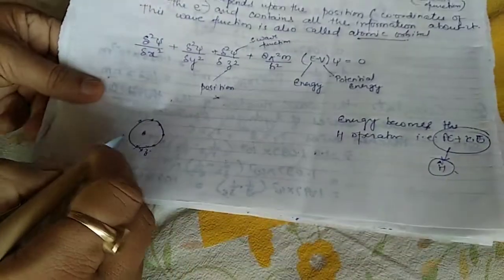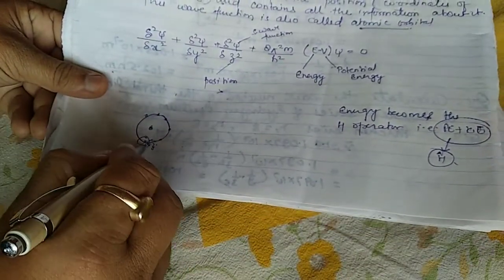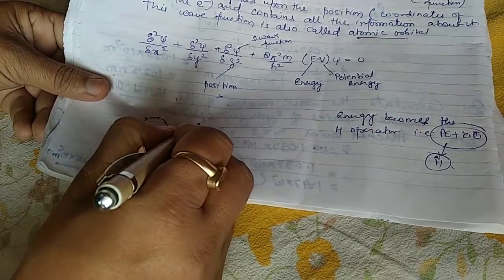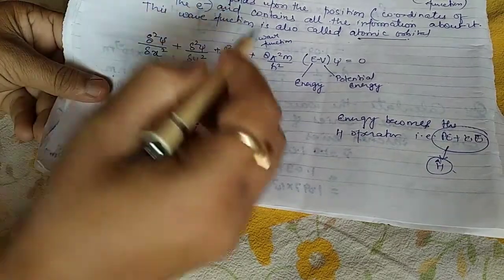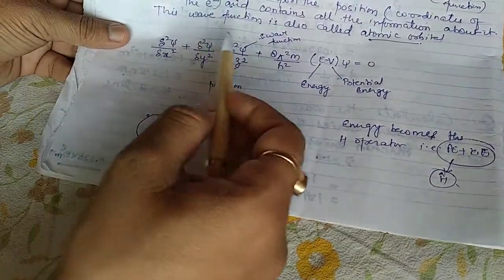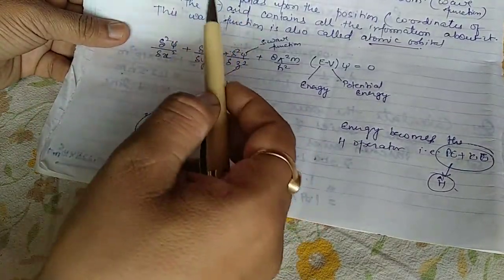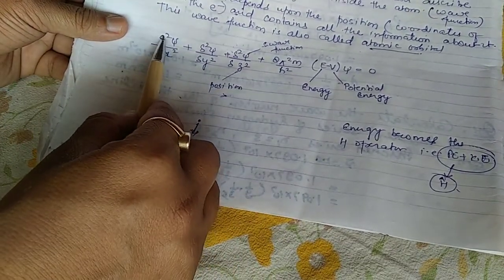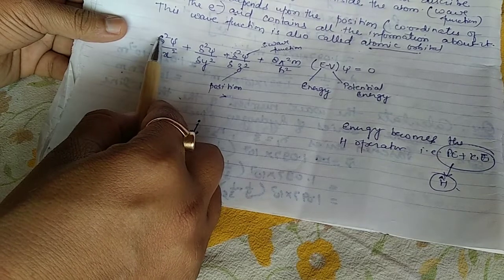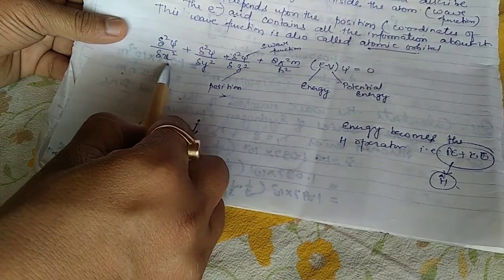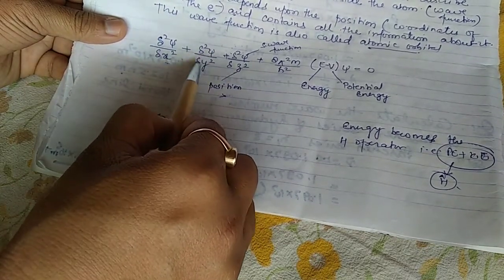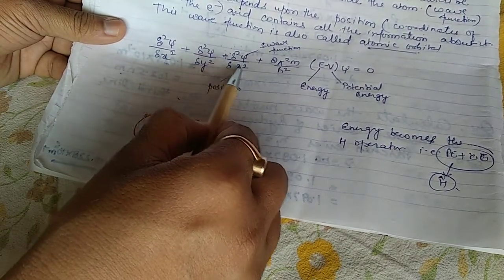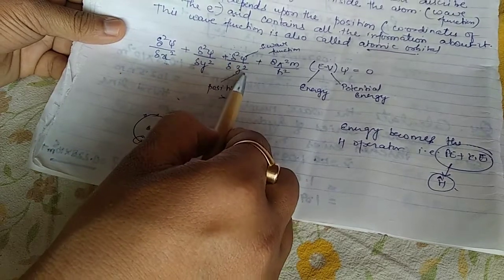This psi explains the coordinates x, y and z in which the particle is located in space, and see how psi explains the position or function of the particle. This is known as del, which is also a mathematical function: del square psi upon del x square, the x coordinate, del square psi upon del y square, the y coordinate, del square psi upon del z square, again the z coordinate.